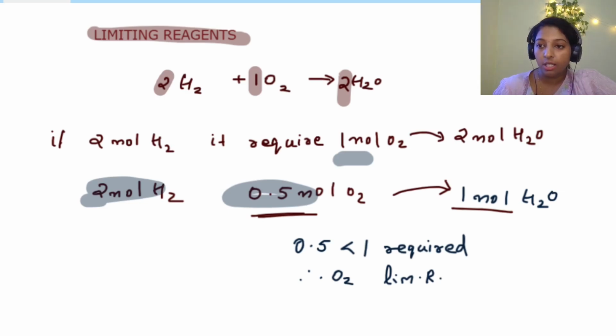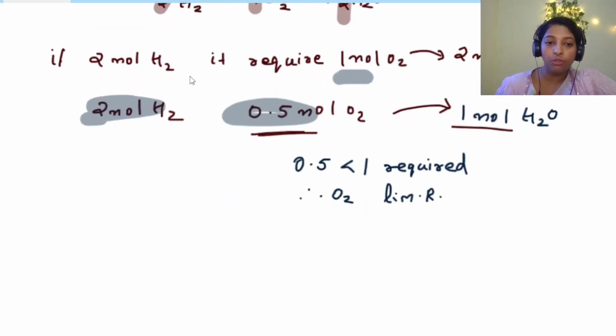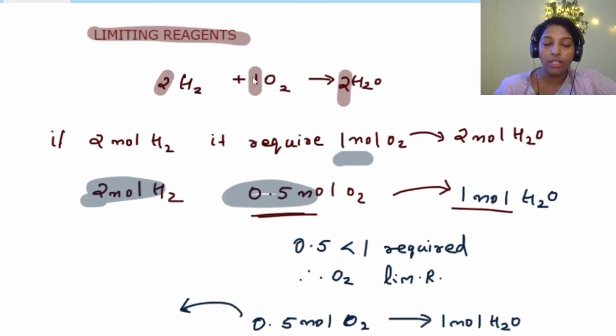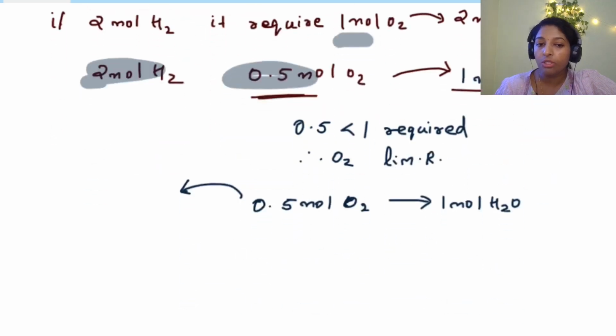Why is it excess? See the reaction: 0.5 moles of oxygen will form 1 mole of water. But 0.5 moles of oxygen requires how many moles of hydrogen? Again see the ratio, 1:2. So 0.5 moles of oxygen requires only 1 mole of hydrogen.